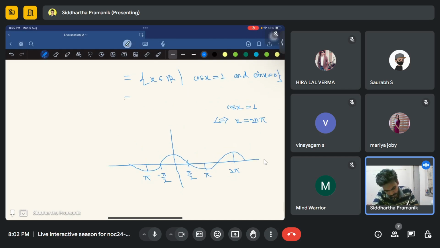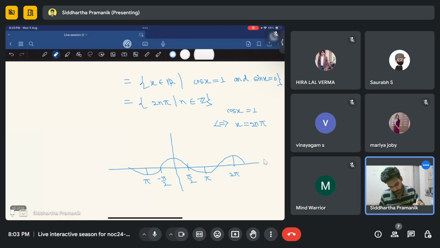So this set is 2n pi such that n belongs to Z. Okay, I hope you have understood this. Do you have any doubt in this?